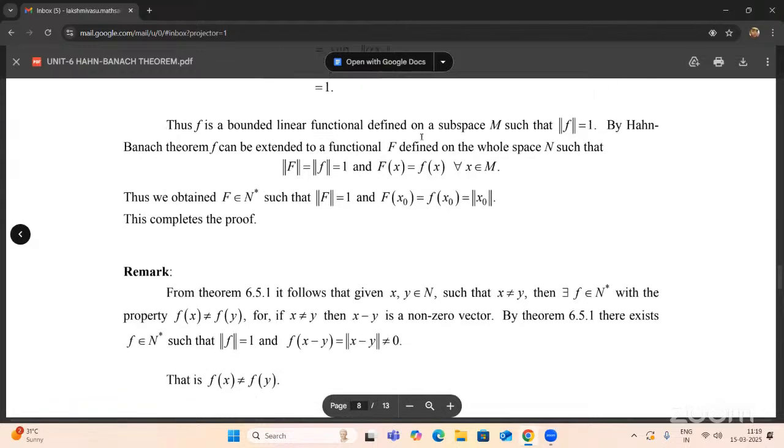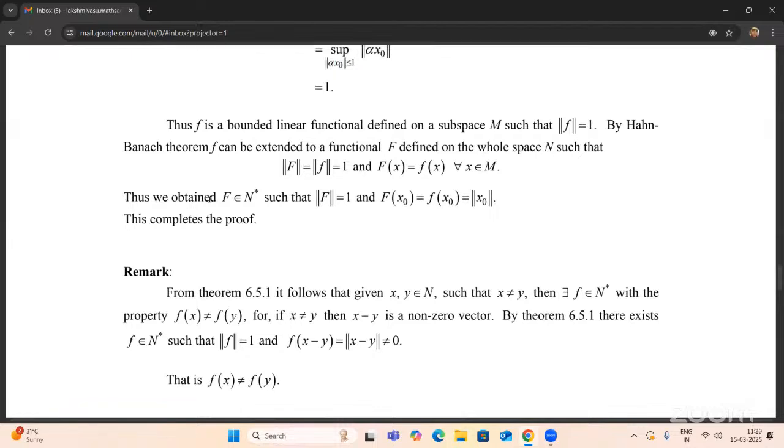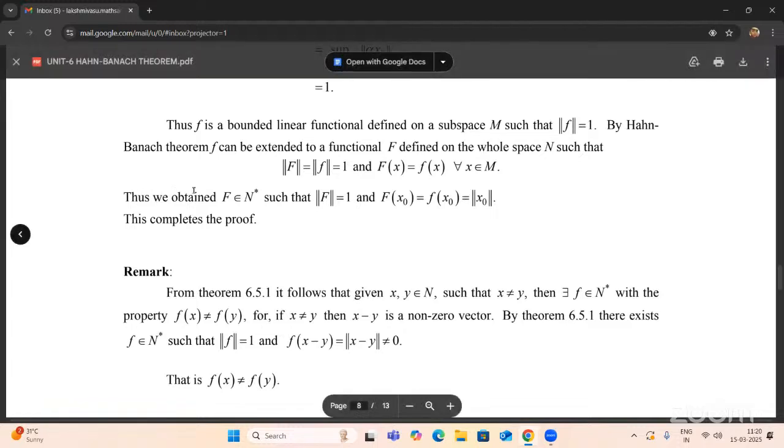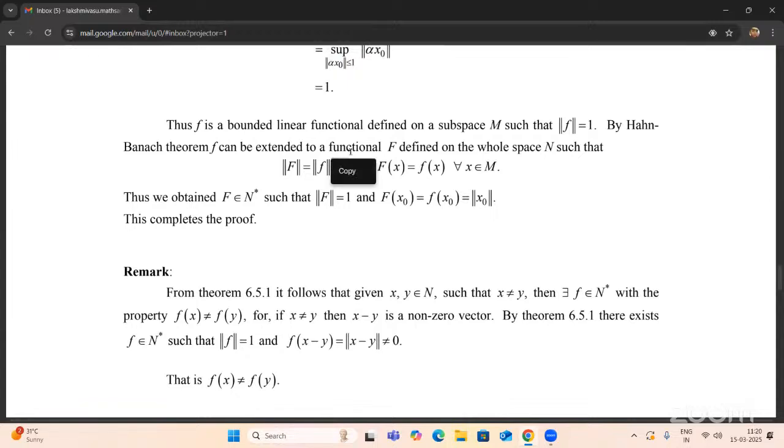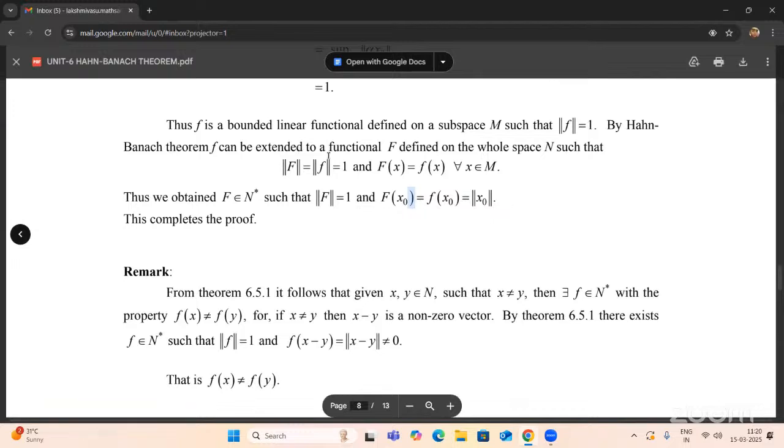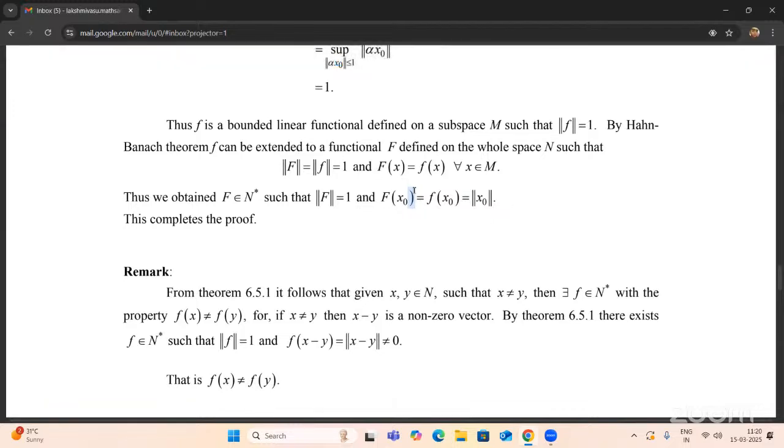Okay, students. By Hahn-Banach, already we know the theorem statement. What is that? Norm f naught equals norm f. Now here the extended linear functional capital F is defined on the whole space N such that norm capital F equals norm small f, and that value is also 1. So with respect to x, F of x equals small f of x.